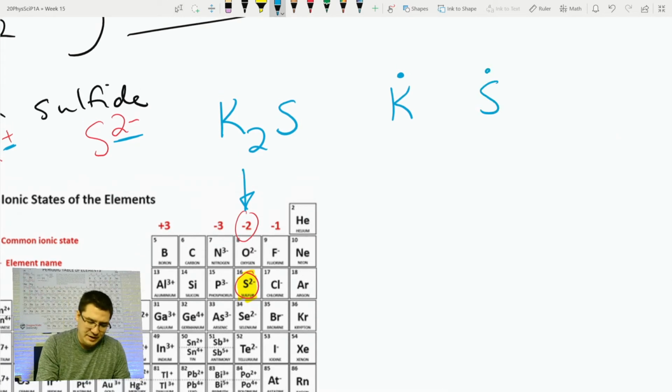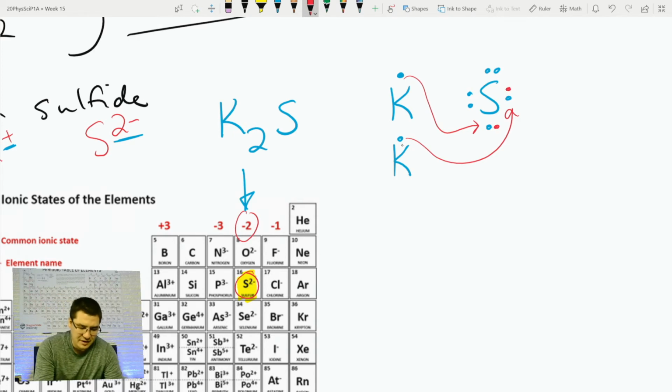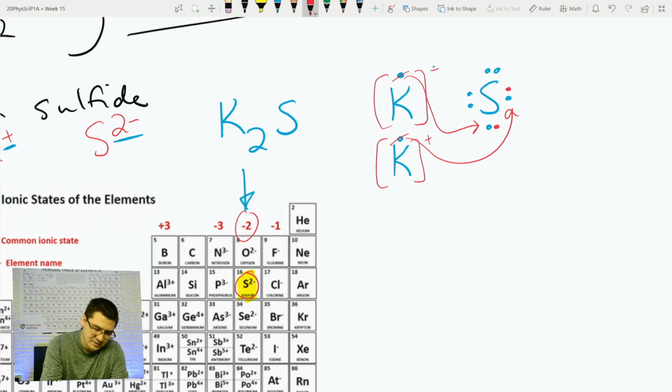So if I go 1, 2, 3, 4, 5, 6, you're like, well, sulfur looks like it's too short of a full octet. So if I have 2 potassiums, what can happen? I can transfer some of these electrons. If both of those potassiums lose their electron, that leaves them positive, right?